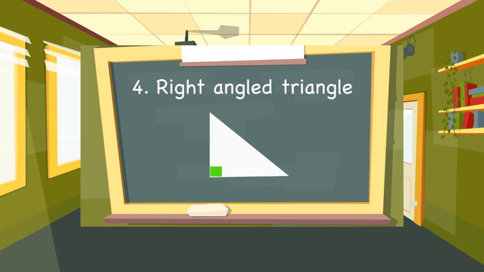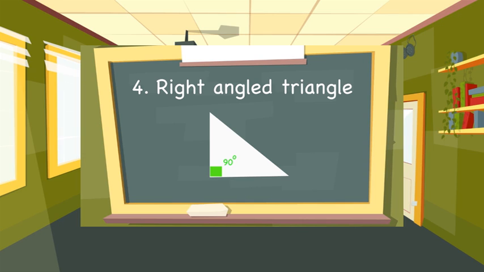A right angle is any angle that measures 90 degrees. And in mathematics, we have got a symbol that we use to mark an angle that is a right angle. We mark that using a square. So if you look at a triangle and you see one of the corners has a mark of a square, it means it is a right angle, and the triangle will become a right-angled triangle.